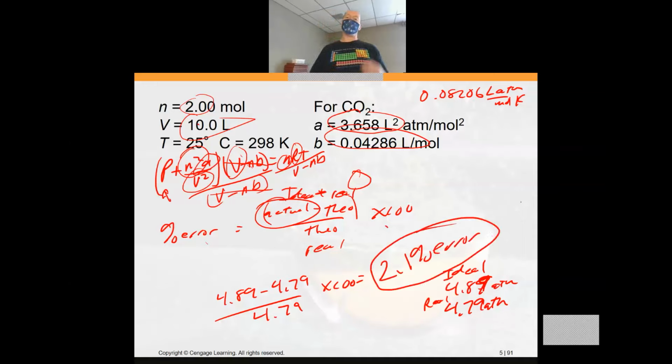So we pretty much stick with the ideal gas unless you have to be closer than a 2% error. If a 2% error is not acceptable in your research, then you would have to use the real gas equations. But the ideal gas is sufficient for most calculations.